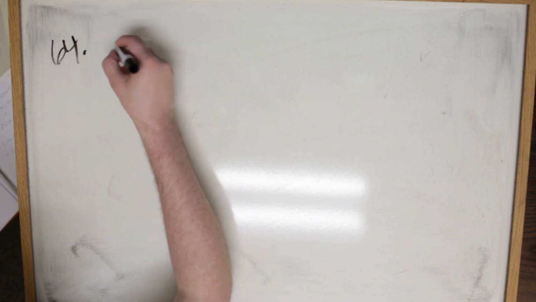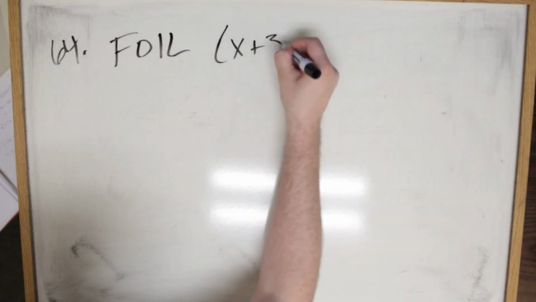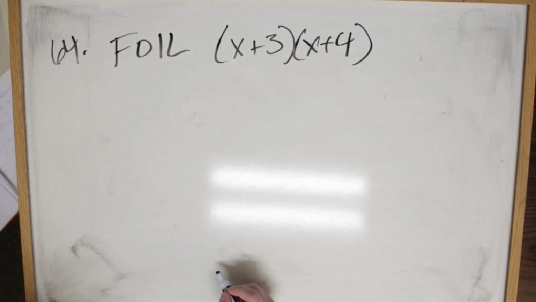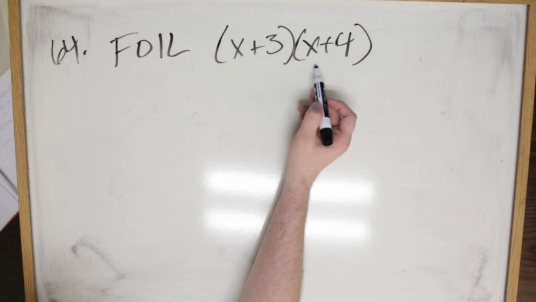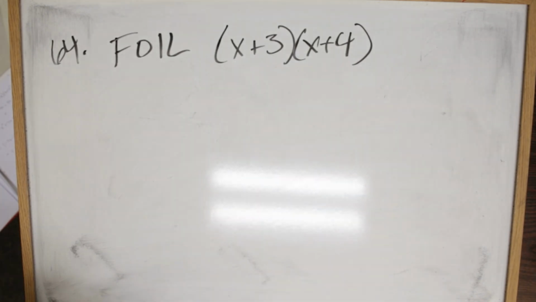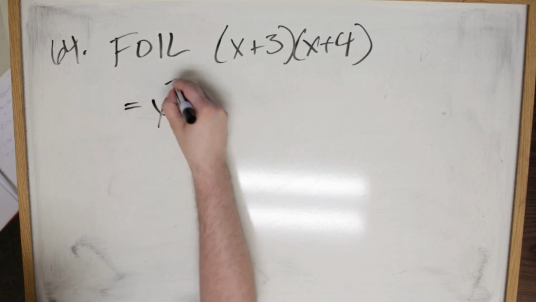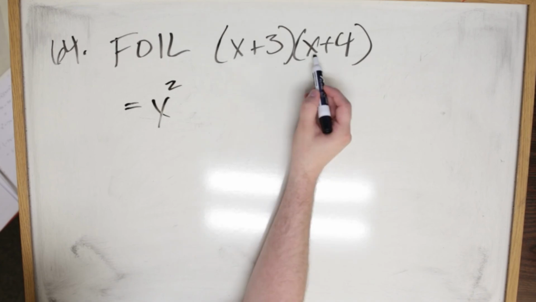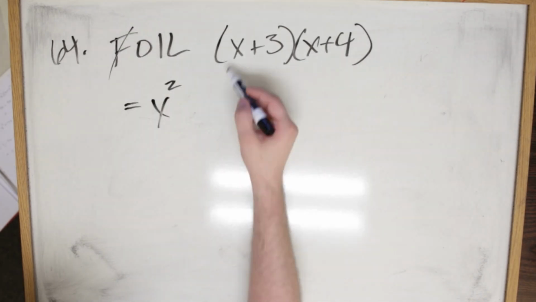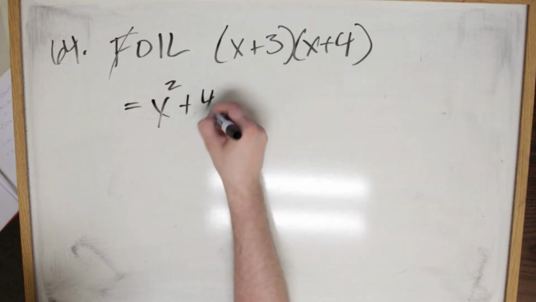Question number 64. We are going to FOIL (x + 3)(x + 4). We do the first, times the outside, times the inside, times the last. Again, we're taking all the combinations and then multiplying them together. So here we get x squared, because x times x is x squared. That's the first. The outside is x times 4, which is 4x.